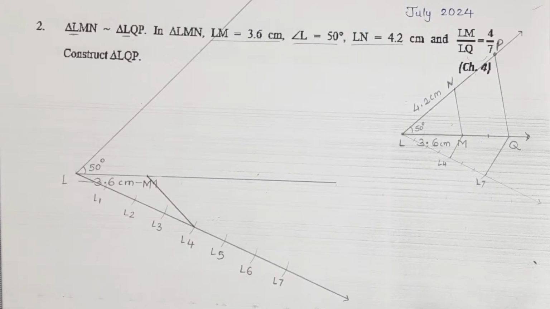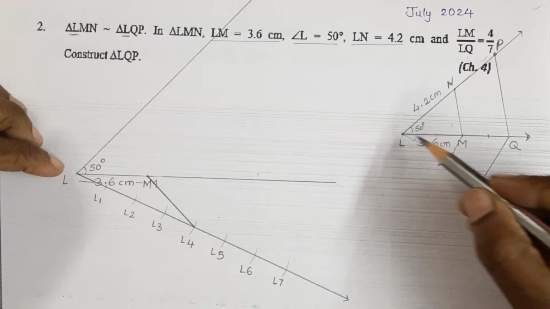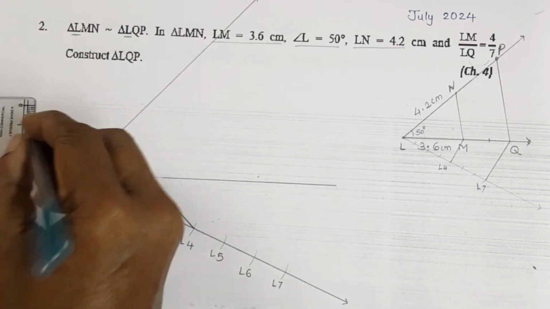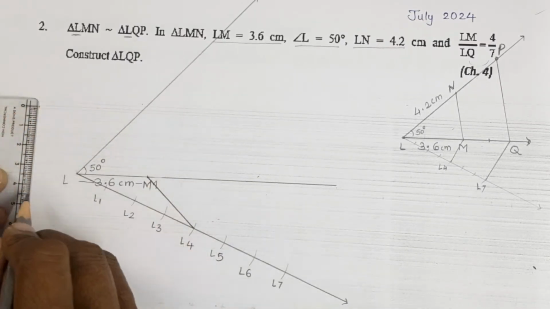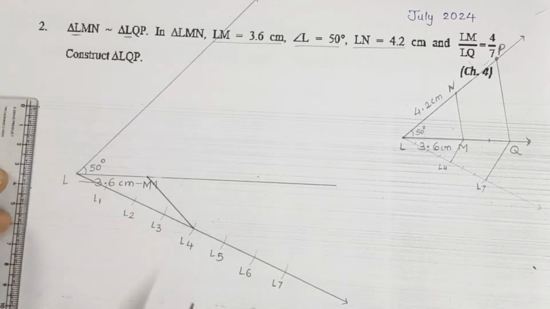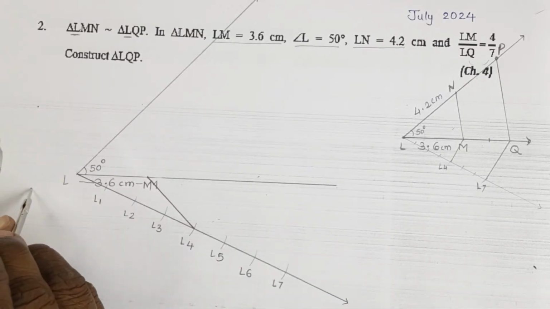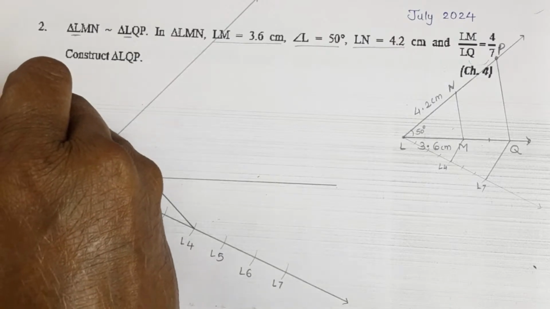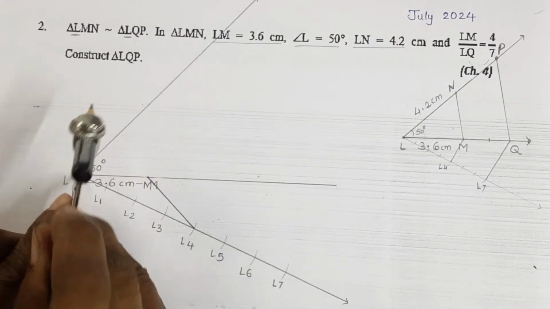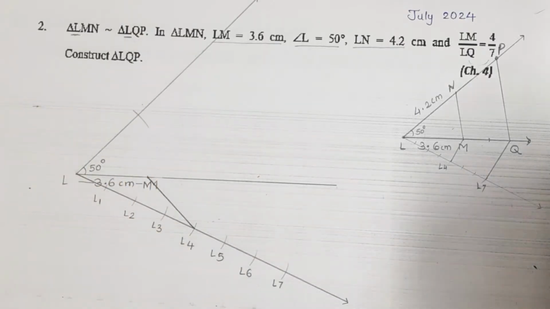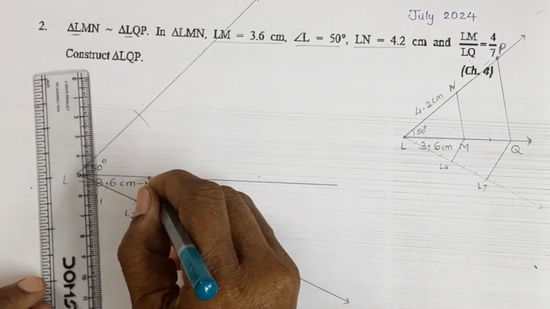Then now here students, I mark 4.2. I do not make the element triangle first. First I draw the element triangle, taking the 4.2 centimeter distance in the compass, making the arc from L and then joining this.